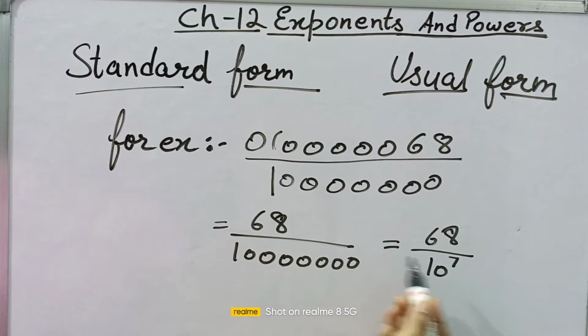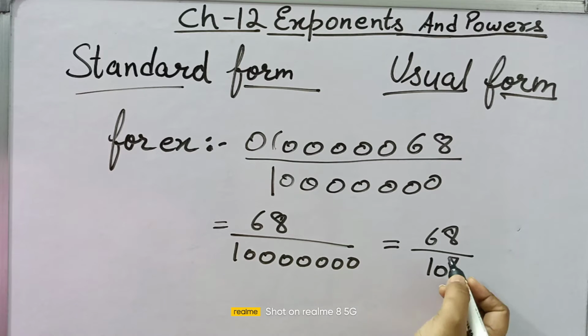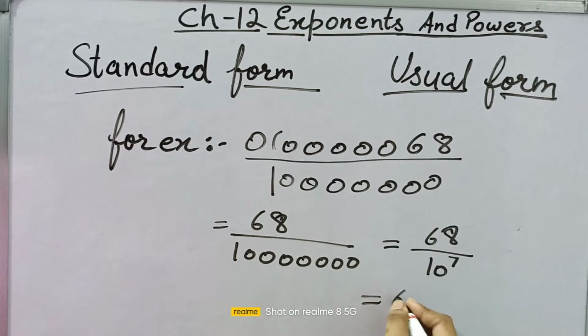Because these both numbers are same. 10 raised to the power 7 means this number. Now this 10 raised to the power minus 7 can be taken to numerator with negative exponent. So this will become 68 multiplied with 10 raised to the power minus 7.